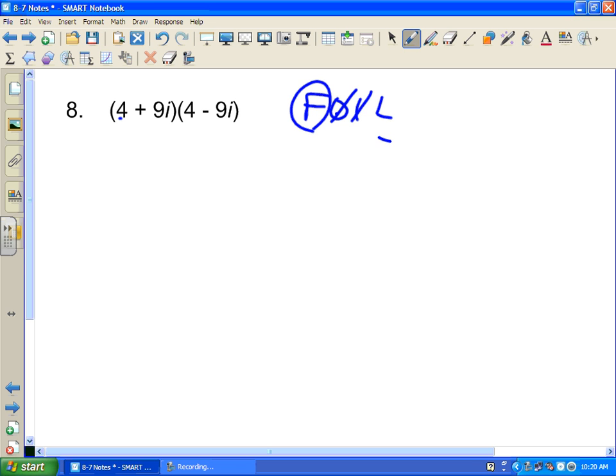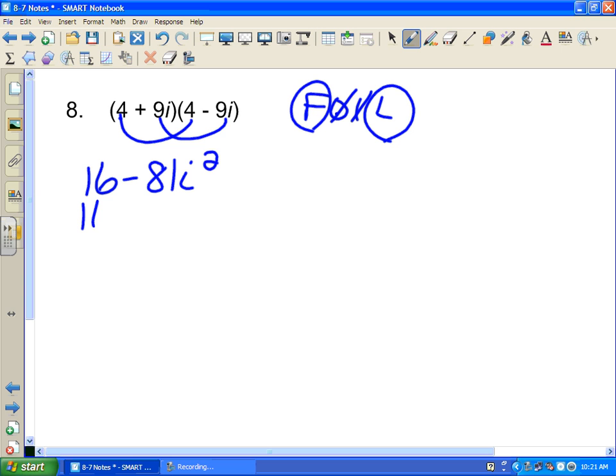So all you have to do is just first. 4 times 4 is 16. 9i times negative 9i is negative 81i squared. Simplify: plus 81, which is 97. When you foil conjugates, your answer will always be just a number. No i at all.